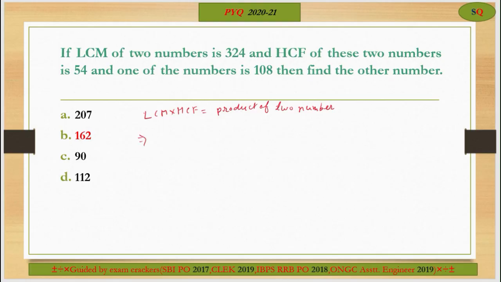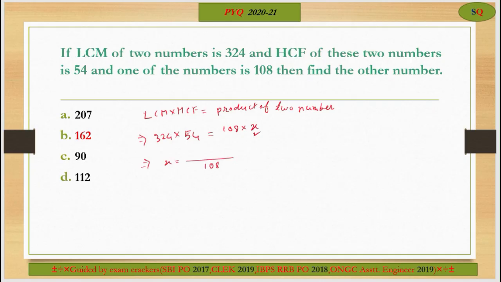Therefore LCM is given 324 into HCF is given 54 equals one number given 108 into the other number. Let it be X.